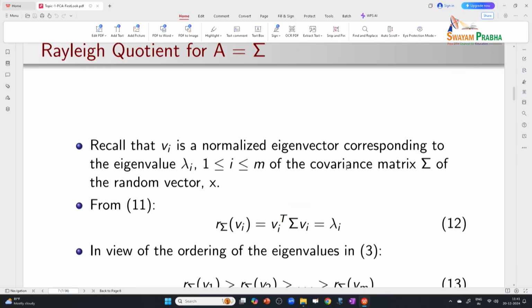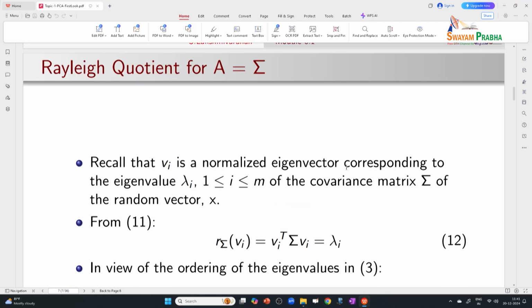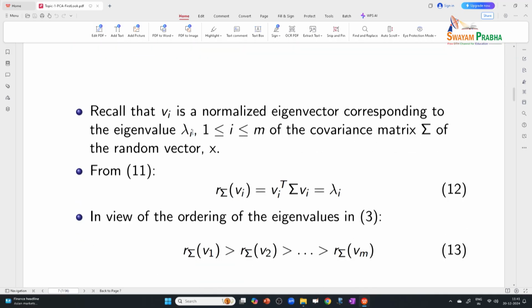So now I would like to set my matrix A equal to sigma. Recall that Vi are the normalized eigenvectors corresponding to eigenvalue lambda i of the covariance matrix sigma. I want to ultimately study sigma. I want to introduce a new concept called the Rayleigh coefficient. So I introduced the Rayleigh coefficient in the context of the matrix A, a general vector eta, and the specific eigenvector of A. So that's a general concept and property of the Rayleigh coefficient.